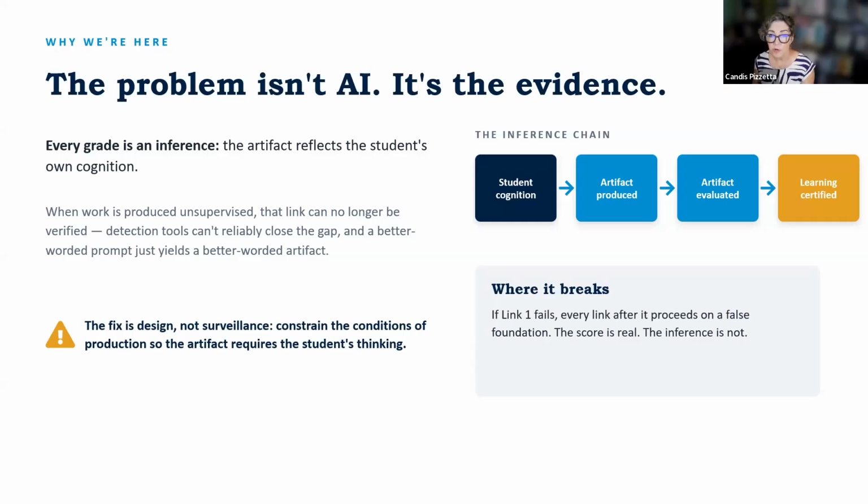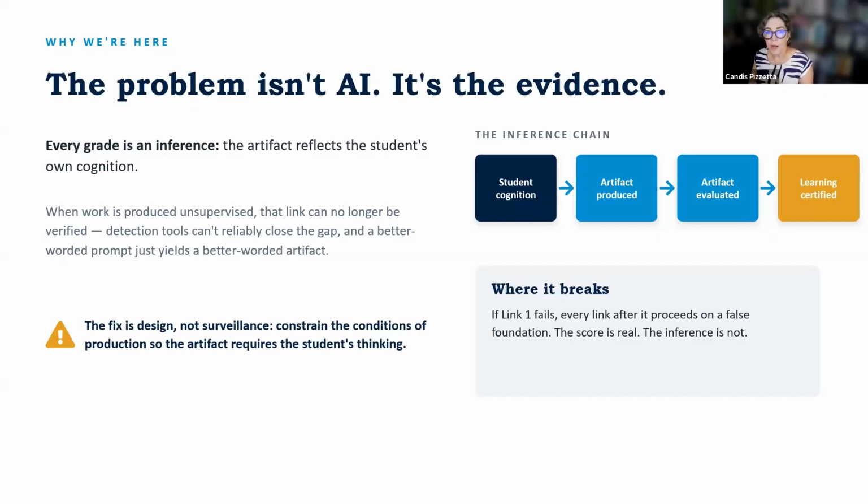You see the little flow chart there. This is the chain of inference that we've used throughout the 20th century and early 21st century. And yes, there were opportunities for students to improperly manufacture those artifacts, to cheat, but they were few and far between, and we had gotten pretty good at recognizing those.